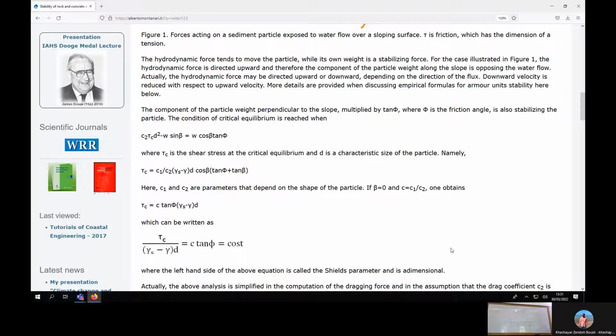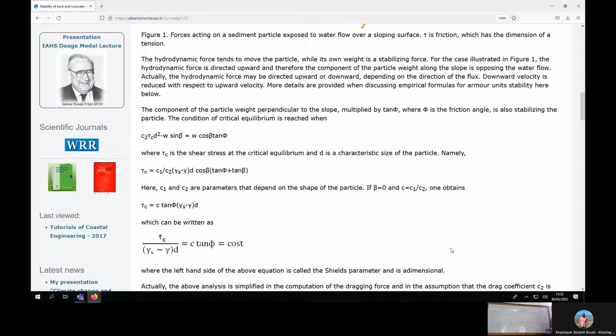Okay, perfect. Now we can substitute here, but before substituting, let me rewrite this in this way. Tau is equal to, I divide the numerator and the denominator by cos beta.